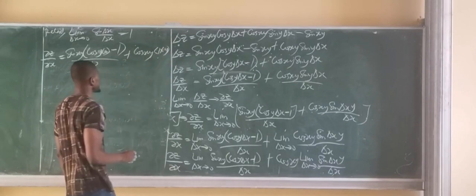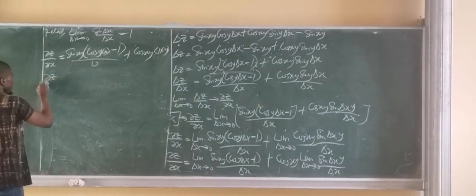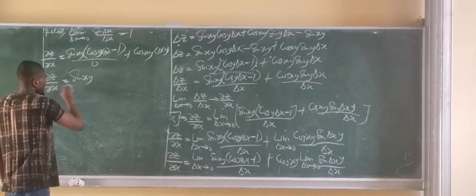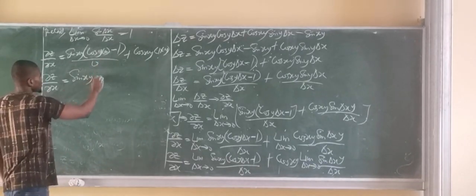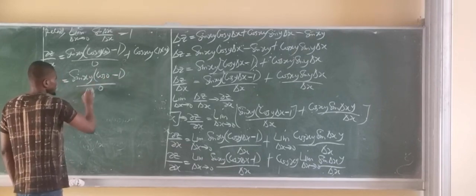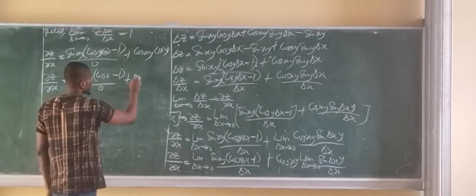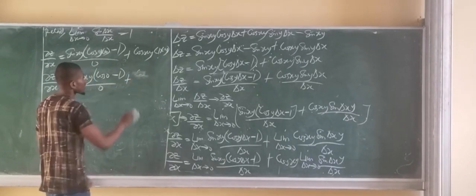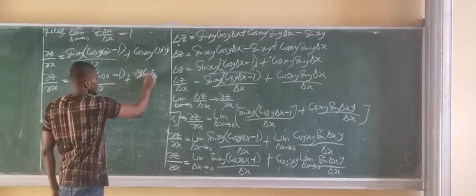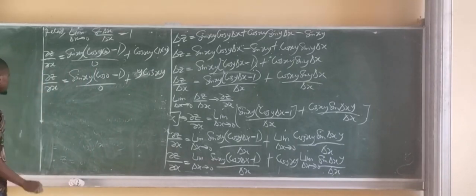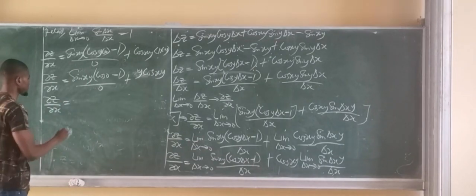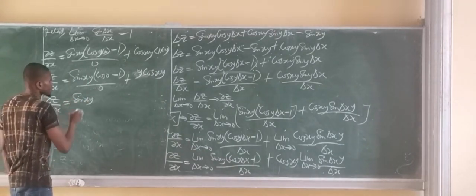So we have partial z, partial x equal to sine xy, y times 0 is 0, so cos 0 minus 1 all over 0, plus cos xy times 1 times y, which is y cos xy.